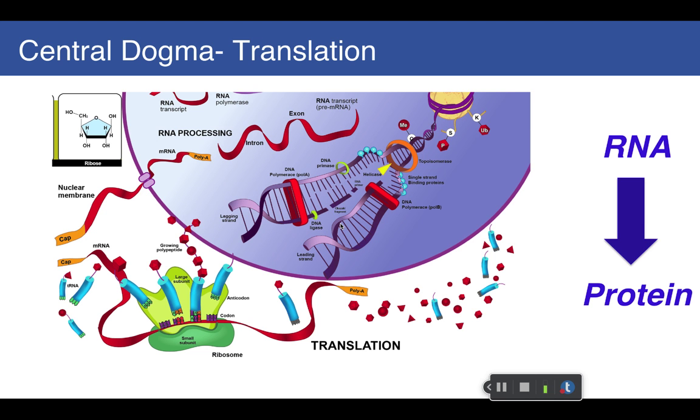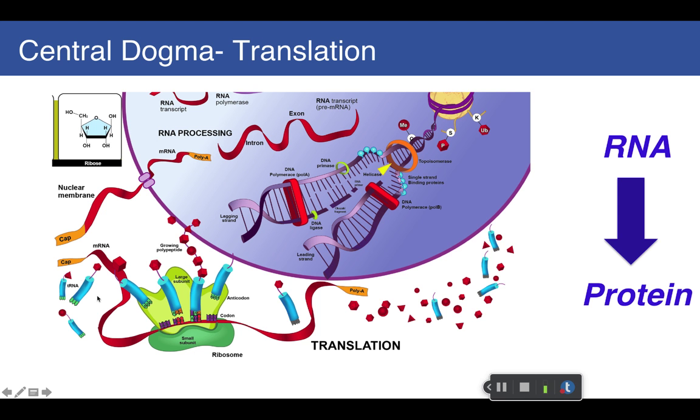Again, this is translation. Translation is going from RNA, the mRNA transcript, to protein. Transcription happens up top, in the nucleus in eukaryotes, and translation occurs in the cytoplasm. The major enzyme associated with translation is the ribosome, which is composed of a large subunit and a small subunit.